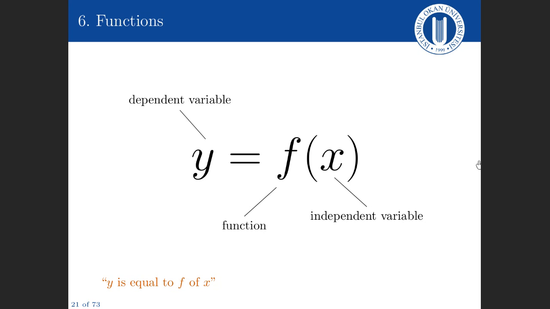In this notation, f denotes the function, x is the independent variable, and y is the dependent variable. In other words, x is the number that we can choose, any number that we want within some constraints. And after we calculate f of x, we determine y. Y is determined by f and x.